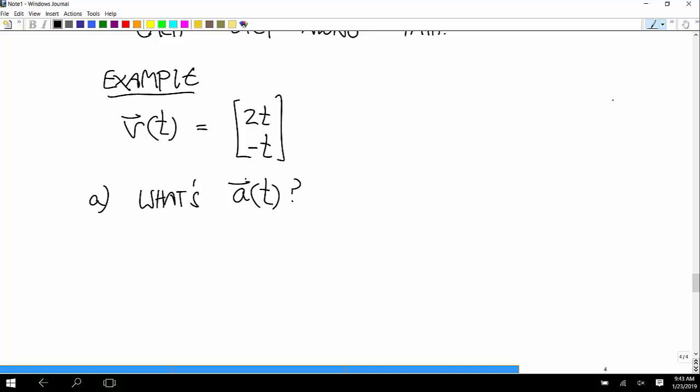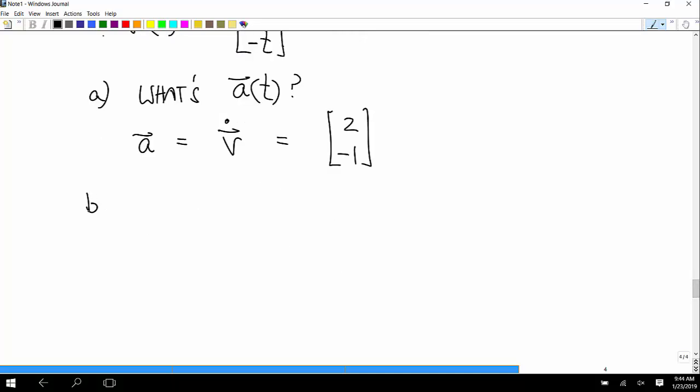Okay, so to calculate the acceleration as a function of time, acceleration is just the time derivative of the velocity. And so that's equal to (2, -1). And we didn't need any boundary conditions or anything.